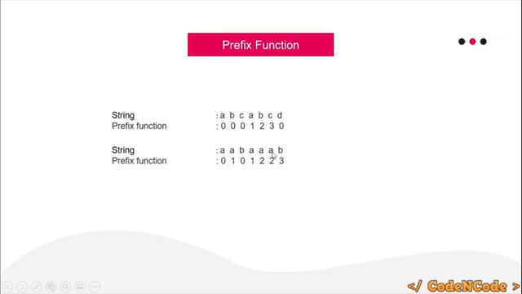For example, here you can see the prefix AA matches the suffix AA, and that is why the value of the pi function at this index is 2. For this, the suffix AAB matches the prefix AAB, that is why pi of this index is equal to 3.